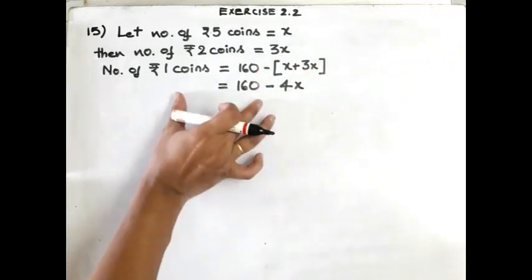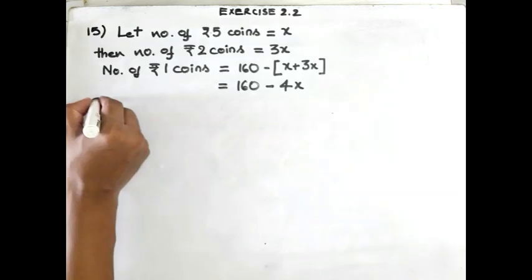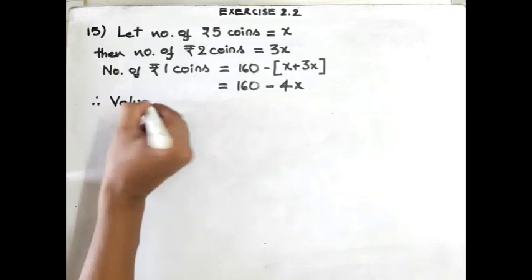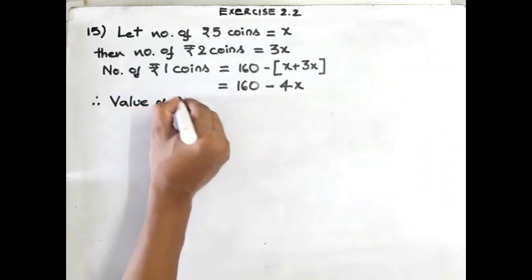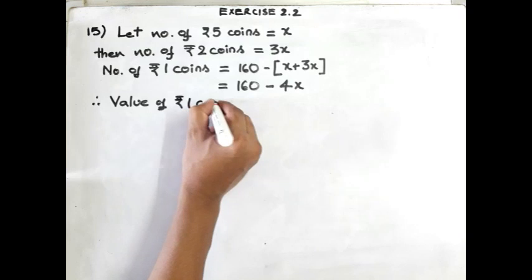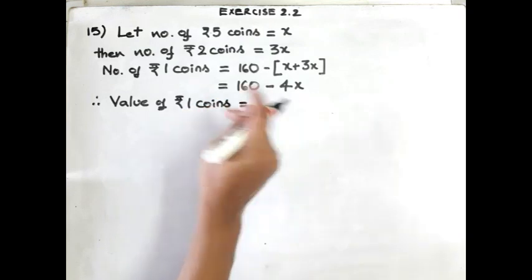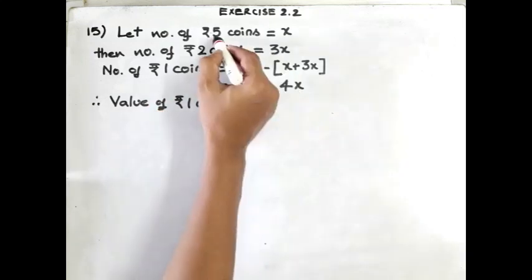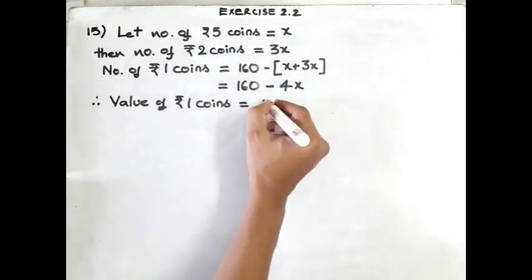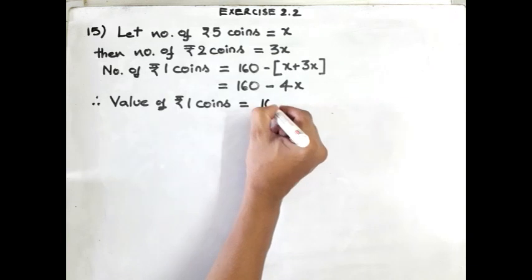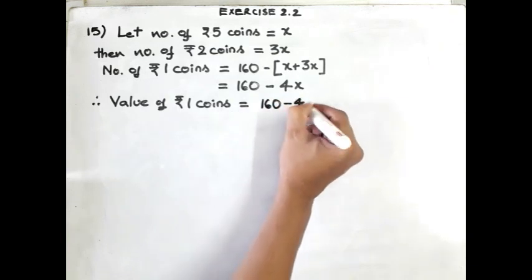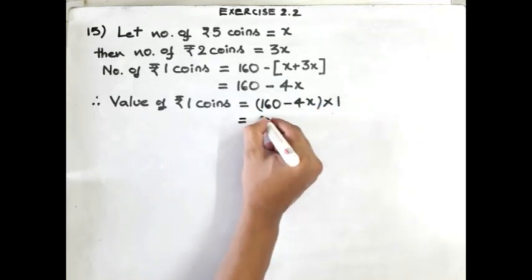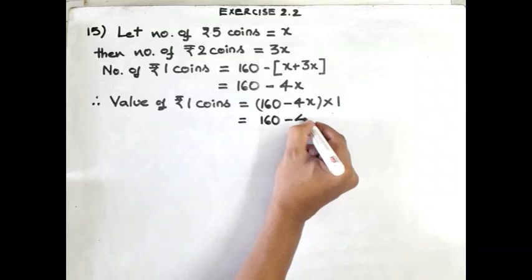Now, using this, the value of rupees 1 coins is equal to number of coins into denomination, that means 160 minus 4x into rupees 1, which gives 160 minus 4x.